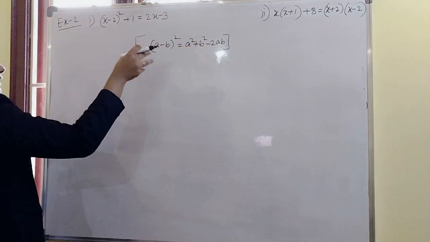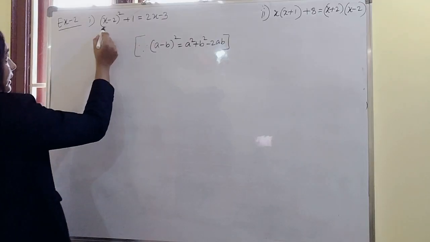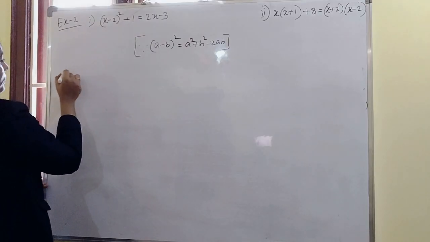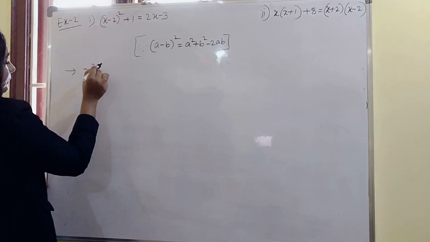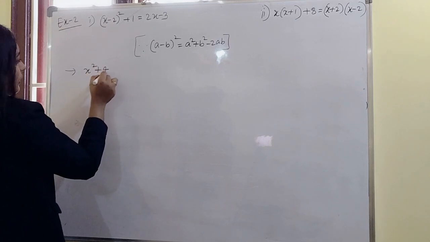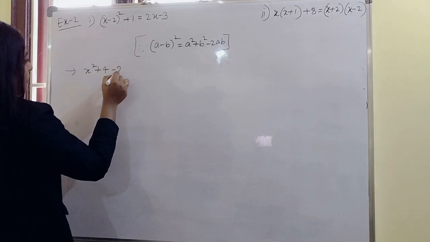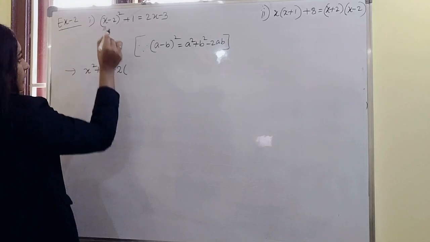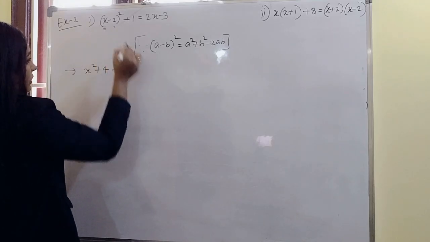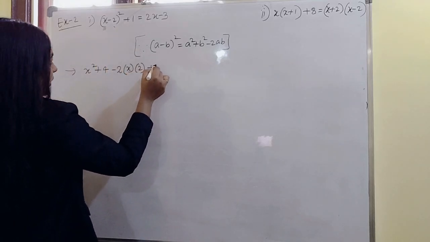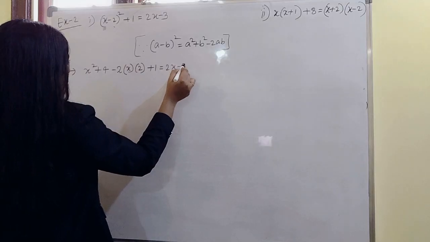Okay, so here we apply this. Here x minus 2 whole square. So expand this: x square plus 4 minus 2ab, that is minus 2 into what is a here? X. What is b here? 2. Plus 1 is equal to 2x minus 3.